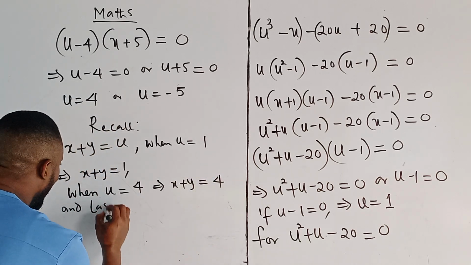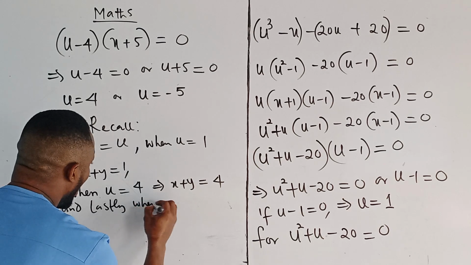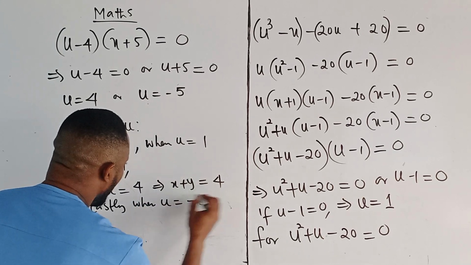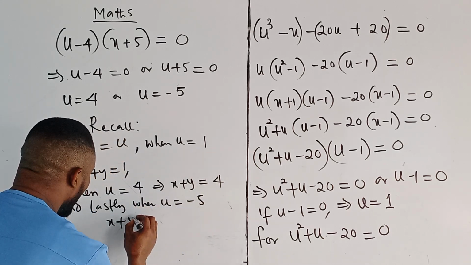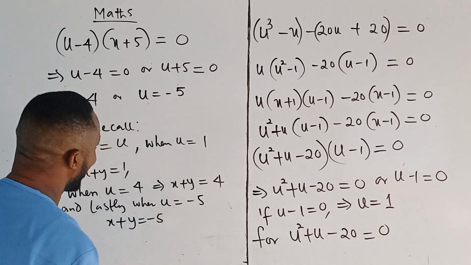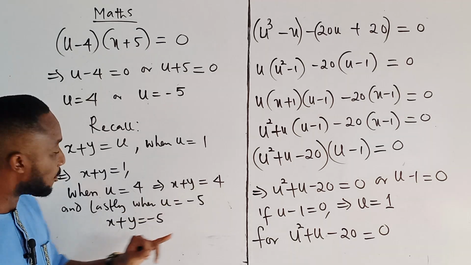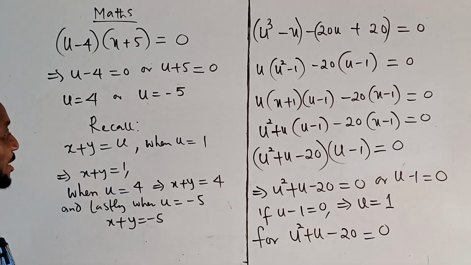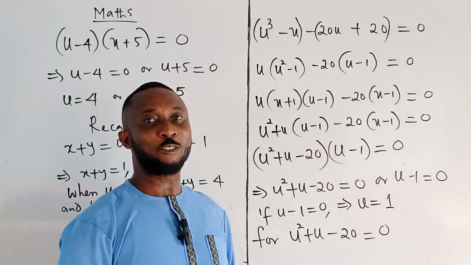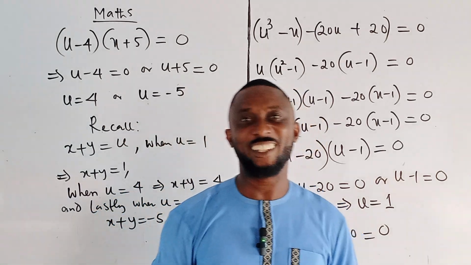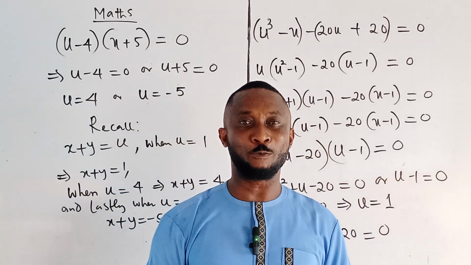And lastly, when u equal to negative 5, s plus y equal to negative 5. So guys, s plus y equal to 1, s plus y equal to 4, and s plus y equal to negative 5. Those are the 3 values of s plus y that satisfy the system of equations.